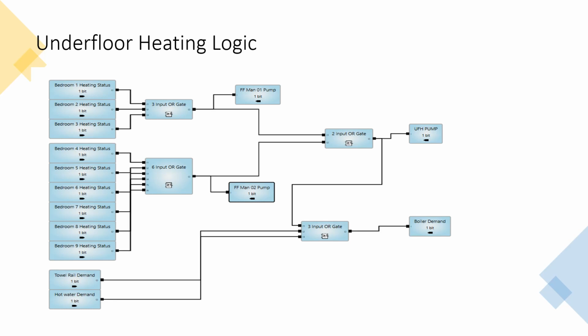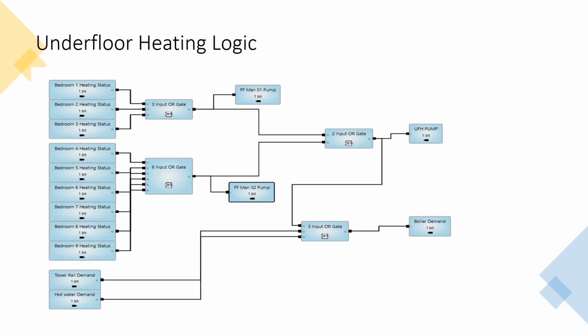You can do up to 5 inputs straightforwardly, but when it becomes bigger than 5, you need a bit of extra. You need to create a group address, and if manifold 1 pump is on or manifold 2 pump is on, you need another OR gate which turns on the main manifold pump.